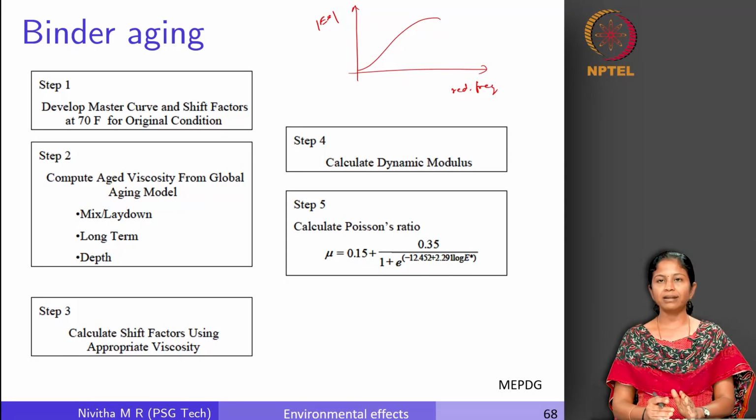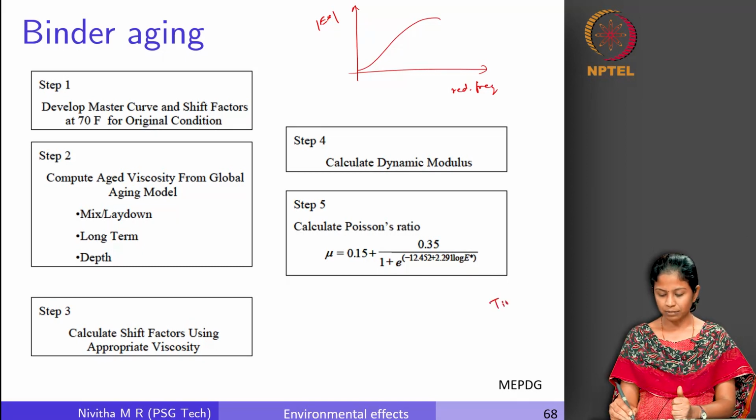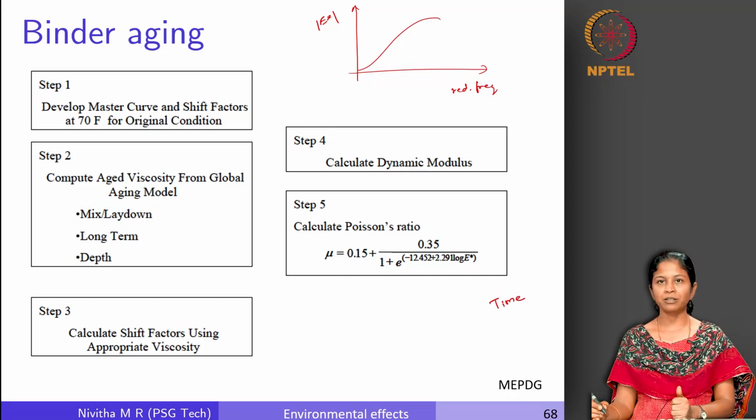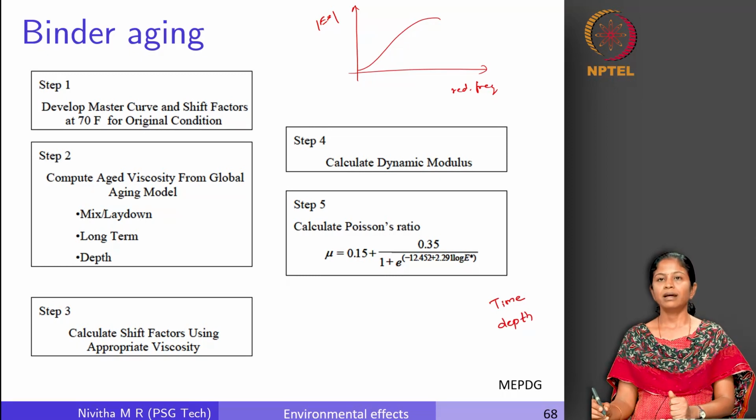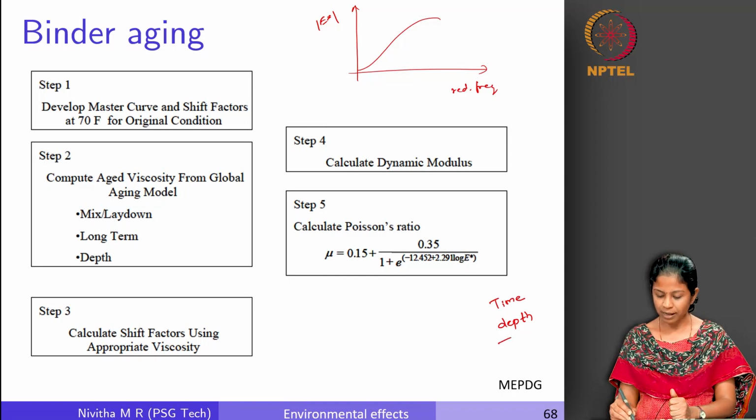Now we have defined that for a given pavement, as time progresses there is going to be variation in viscosity, as depth varies there is going to be variation in viscosity, as temperature varies there is going to be variation in viscosity.